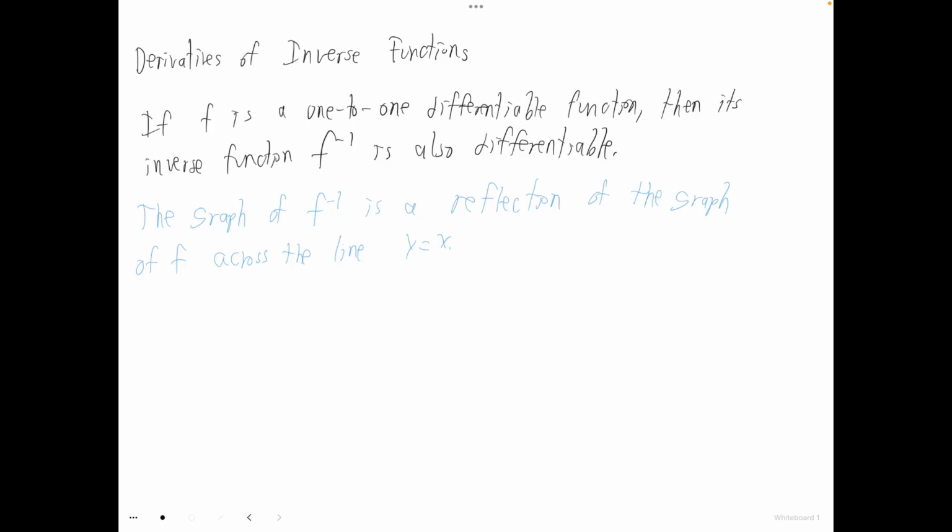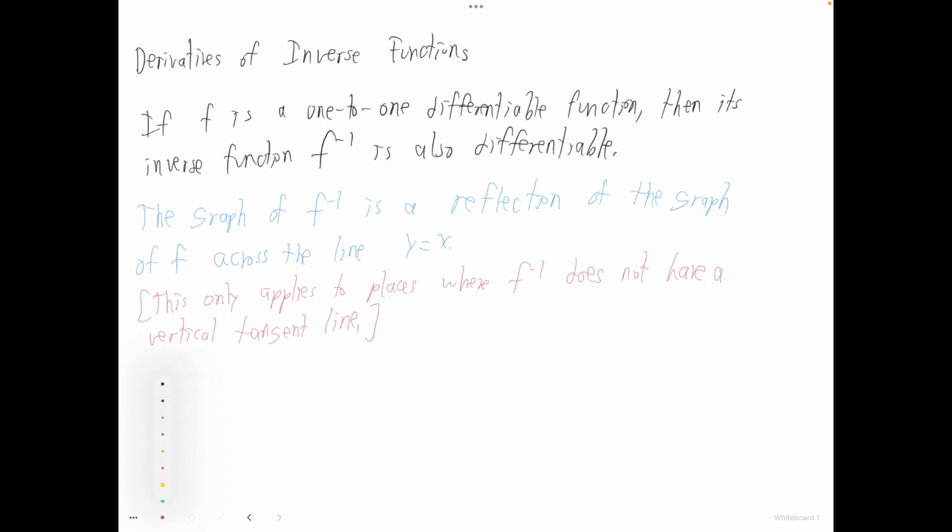the graph of f inverse also will, with the one caveat being this only applies to places where f inverse does not have a vertical tangent line.